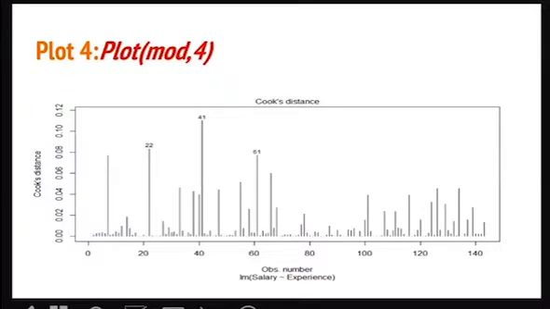This is a plot of Cook's distance against the observation number, and of course, we can actually see some numbers that are outlying. But let me tell you this, even though we suspect some numbers to be outlying, they may not be influential. They may not cause problems.